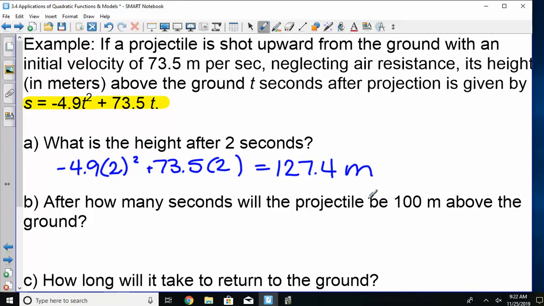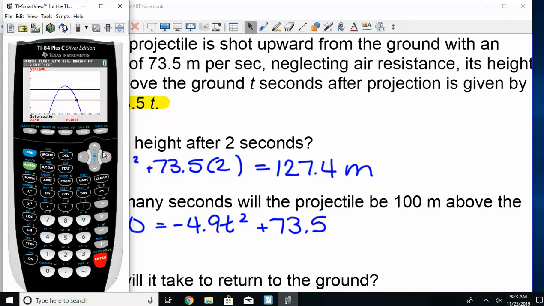Part B, after how many seconds will the projectile be 100 meters above the ground? Where do you put the 100? For the S. Okay, we have options. We can set this equal to 0 and do it by hand, like a quadratic formula, or we can use the graphing calculator. What do you guys want to do? Calculator. So, go to your calculator.